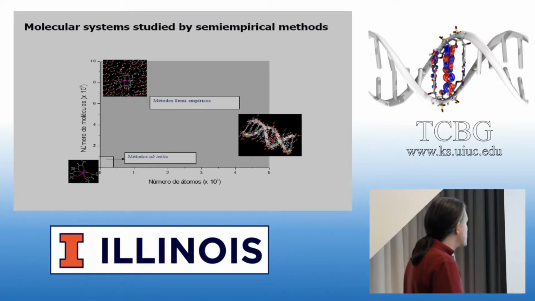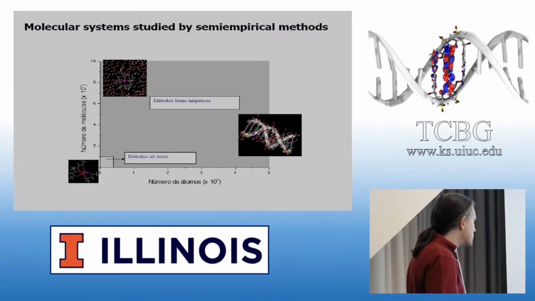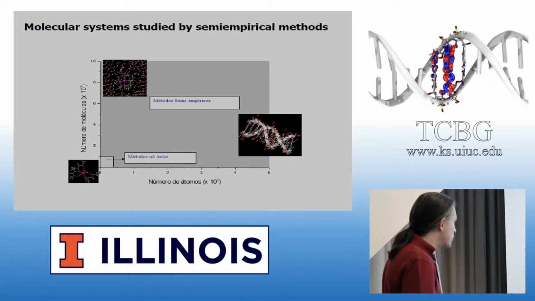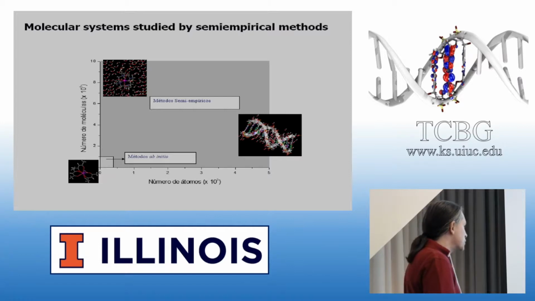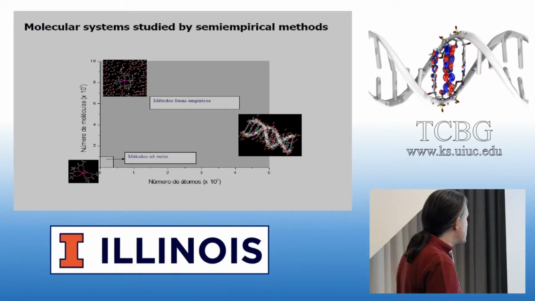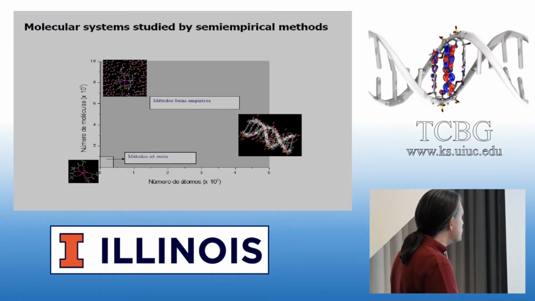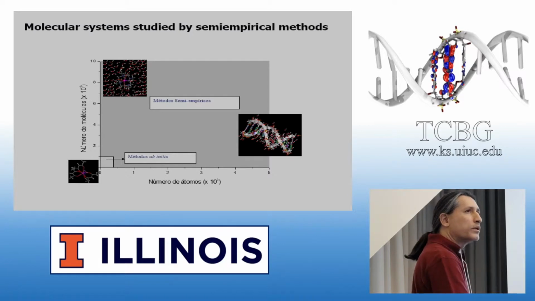If you consider one system, the most suitable methods to be used are the ab initio methods, and the semi-empirical methods are candidates to be used when you have a large number of small molecules and a big one.